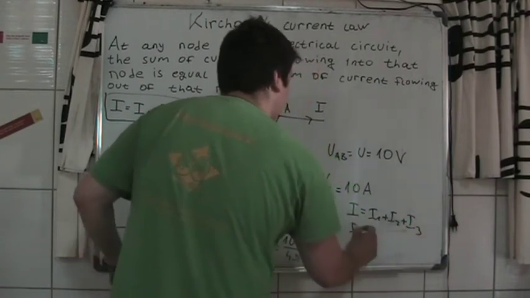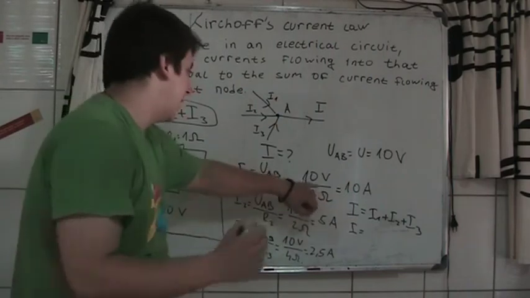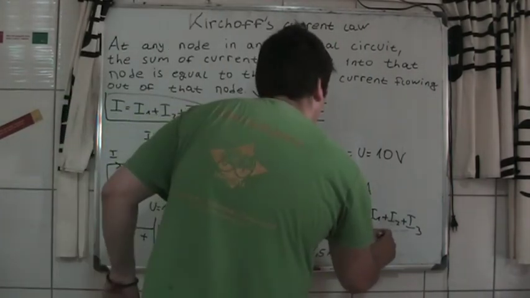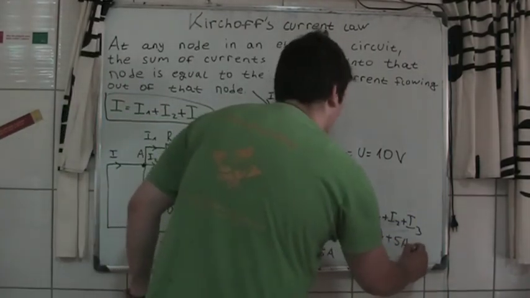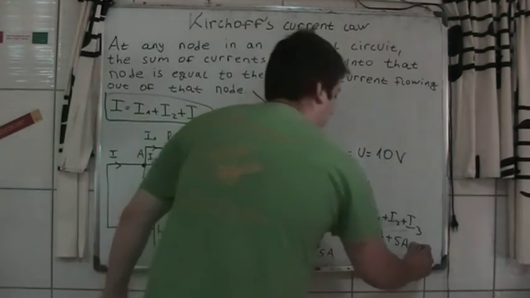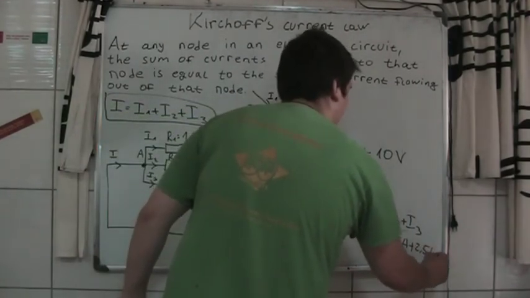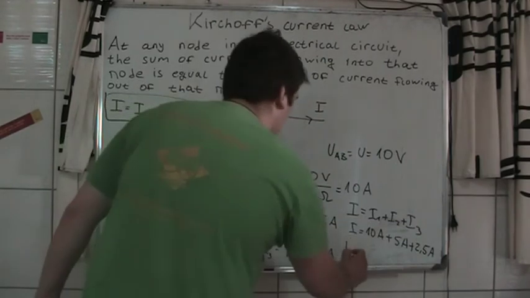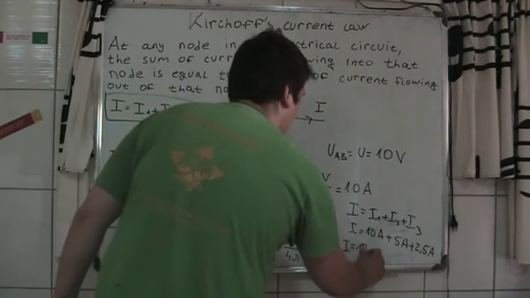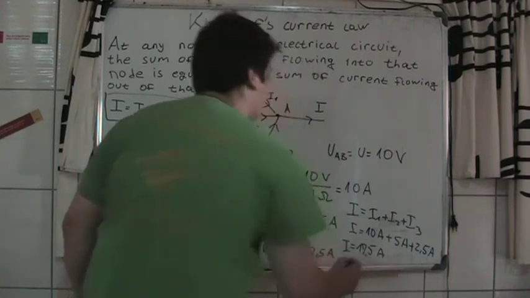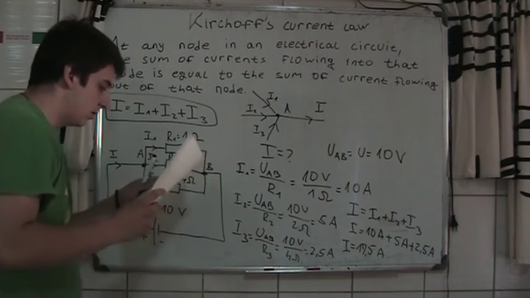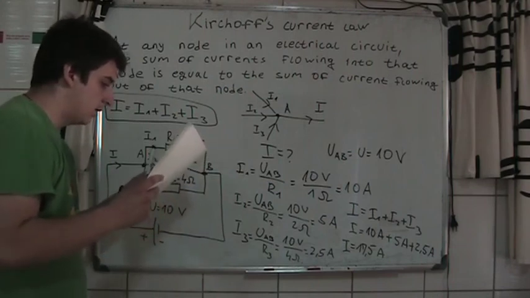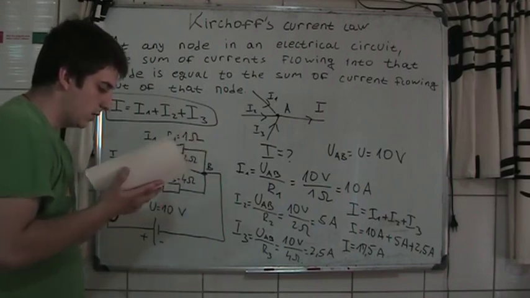And now I is equal to I1, 10 amperes, plus I2, 5 amperes, and plus I3, 2.5 amperes. And you get I is equal to 17.5 amperes. Let me just see, is that correct? Yes.